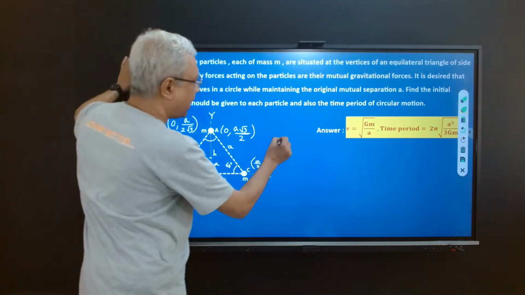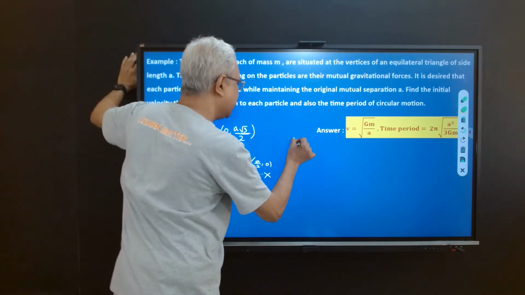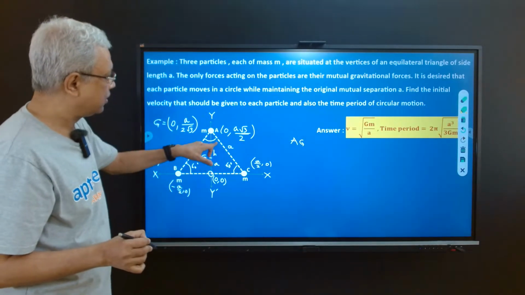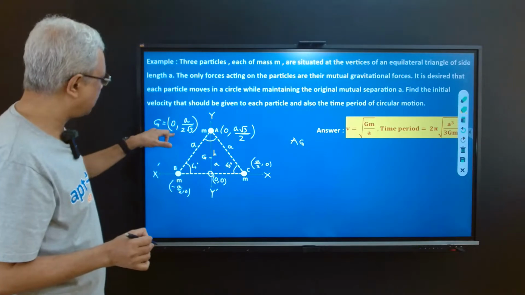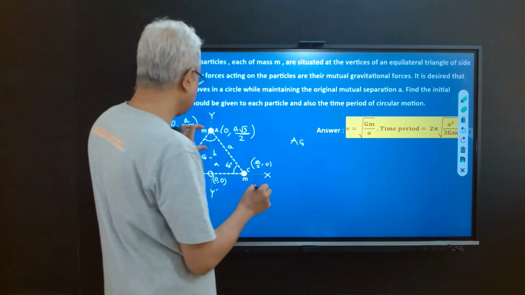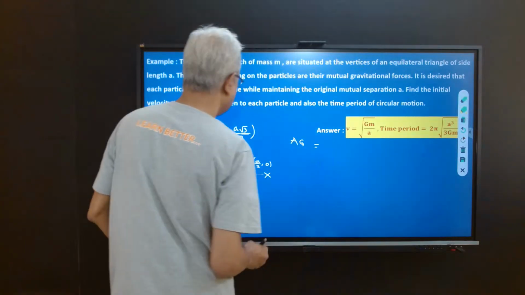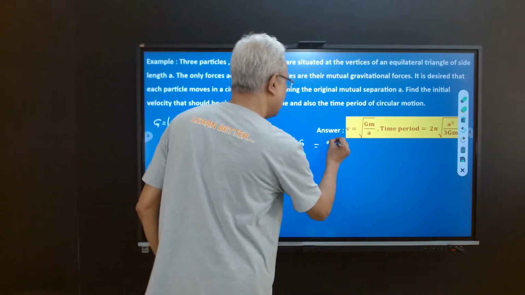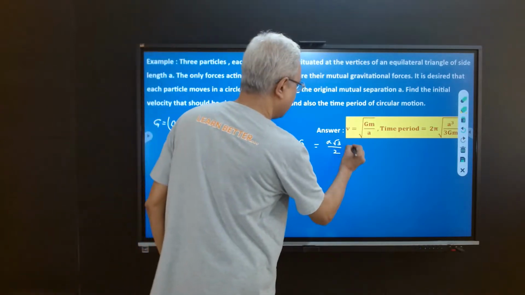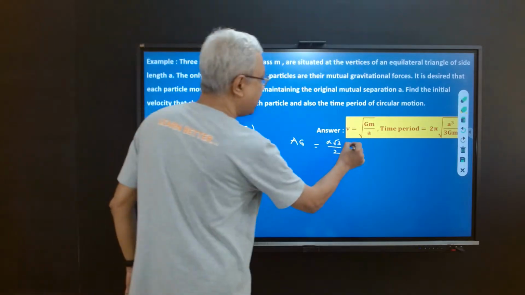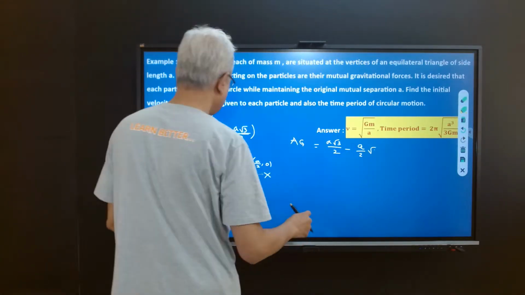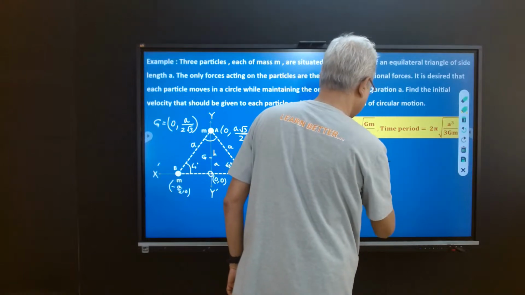Now, just calculate the distance. A's coordinate is 0, a root 3 by 2, and this coordinate is 0, a by 2 root 3. So the distance AG is how much? It is a root 3 by 2 minus a by 2 root 3. In the denominator there is a root 3.